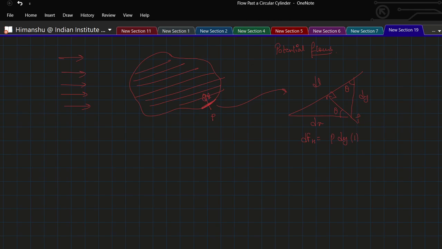So in the unit width, we get the horizontal force is this. This is the drag force per unit length, and dF_L equals pressure force times dx times 1, the lift force per unit length.